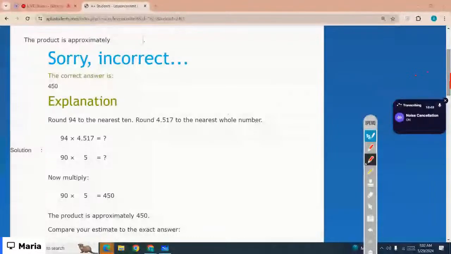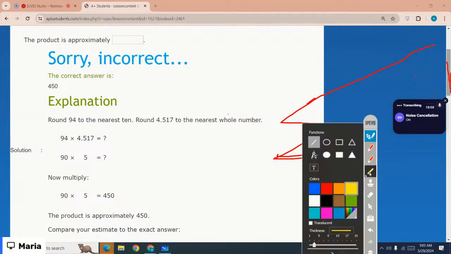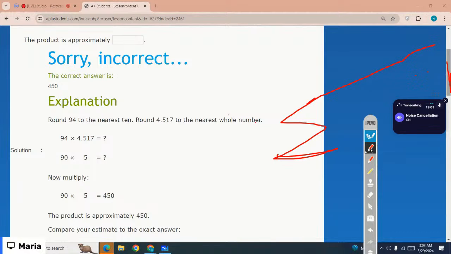What's wrong with the pen? Why is it not writing?